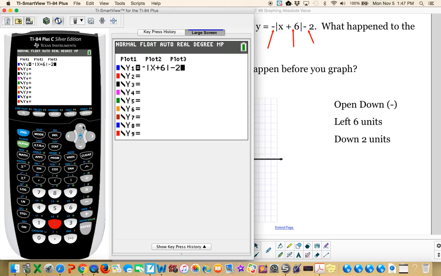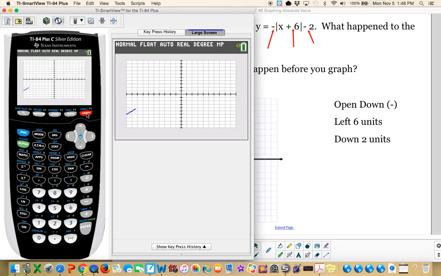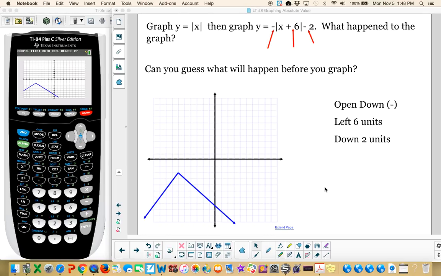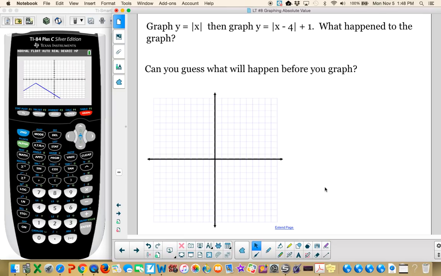So make sure your equation's correct and it's not a minus. It needs to be a negative. And then go to graph and let's see if we get the graph that we did. We do. So you can tell by looking at the function how it will be translated because of our investigation. Pause the movie, try this one on your own, do the graph, and then let's test it out and see if you got it right.